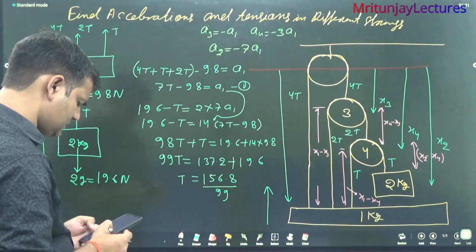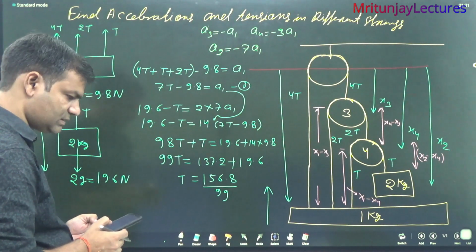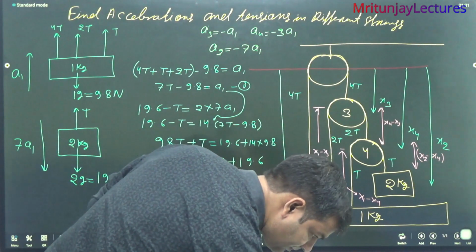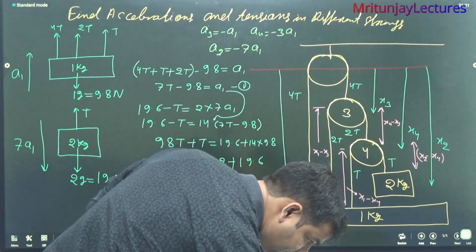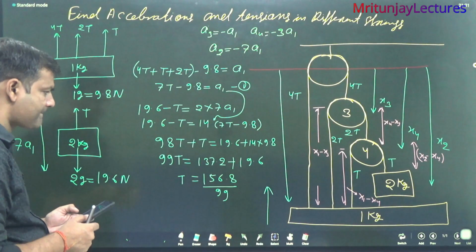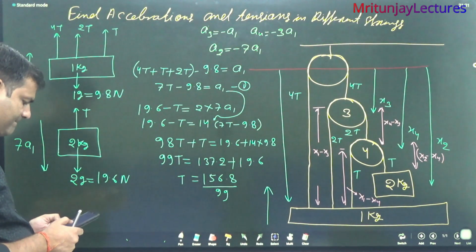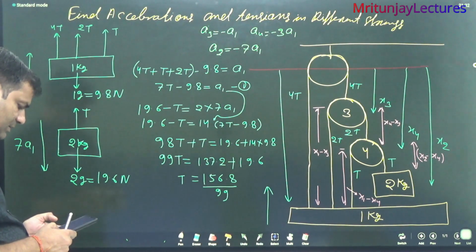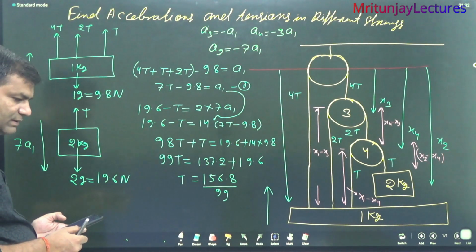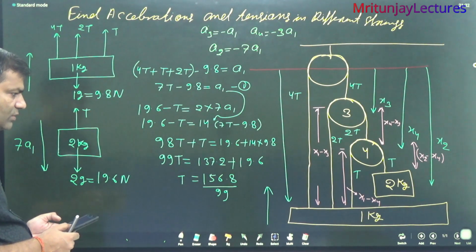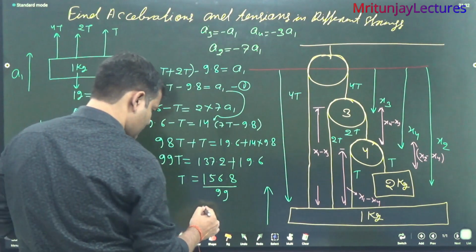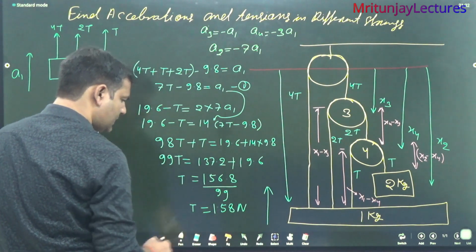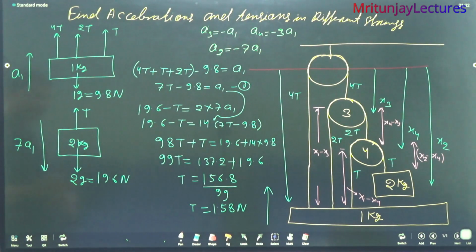Then 156.8 divided by 99 is 1.58. We got 1.58 Newton. That is the tension. Clear or not?